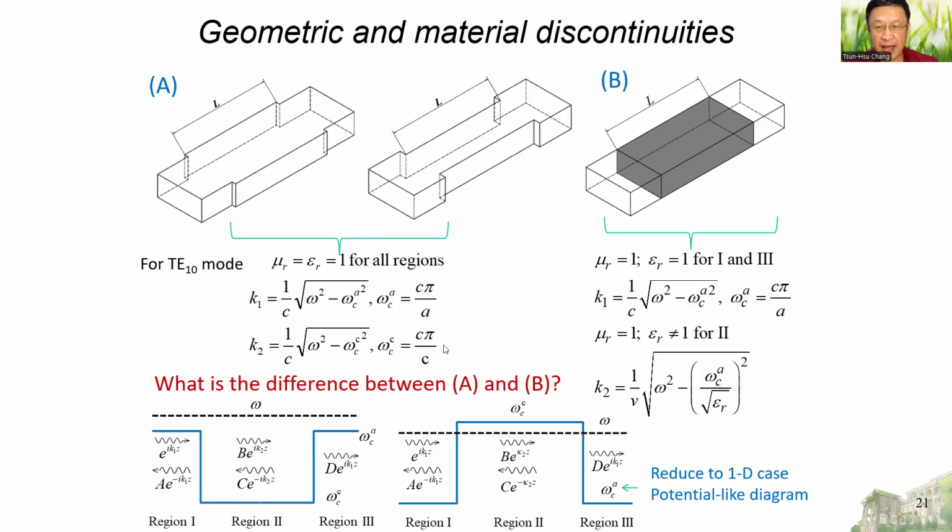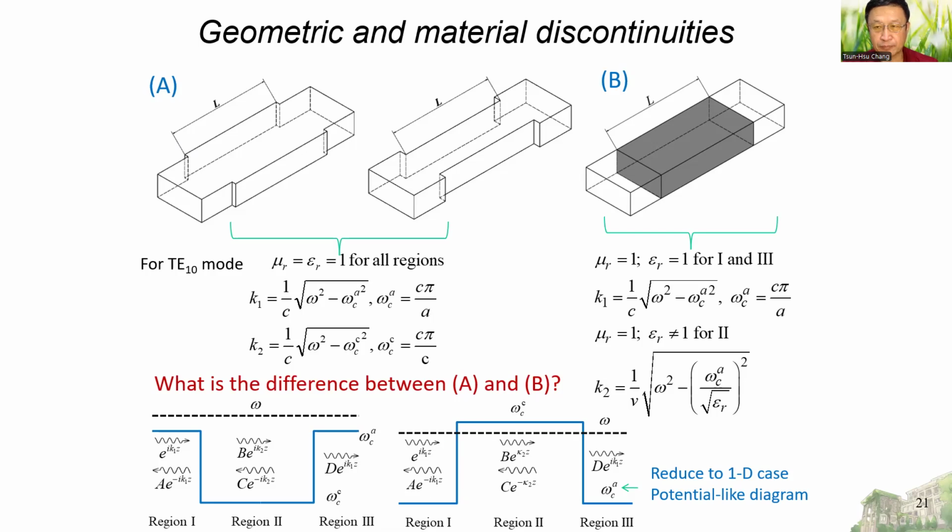Okay? And so this is a potential well because the cutoff is low. And this is a potential barrier because the cutoff will be high. So like this one, potential well, and for this one, potential barrier.